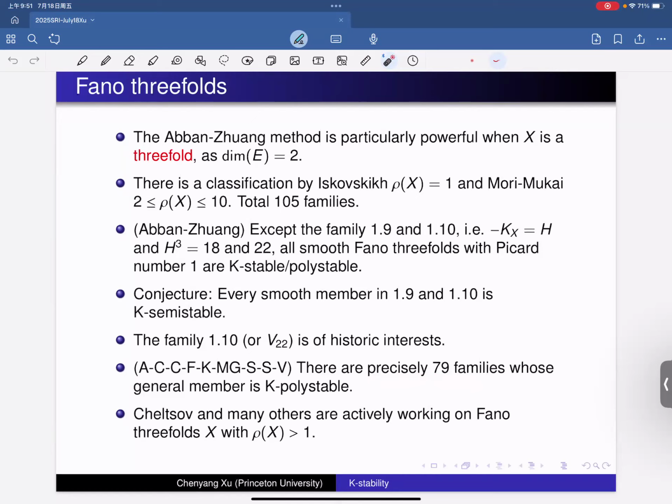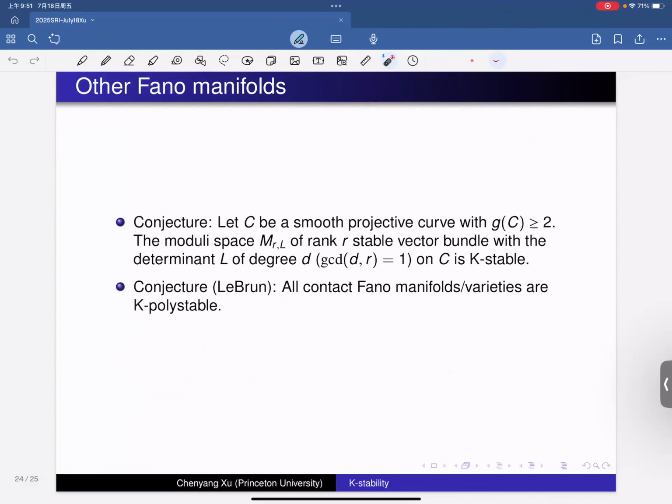They really have a list of which one is not. And now Cheltsov and many others are working on Fano threefolds with Picard rank larger than 1. But I encourage them to look at the Picard number 1 case, because I think it is the most interesting case.